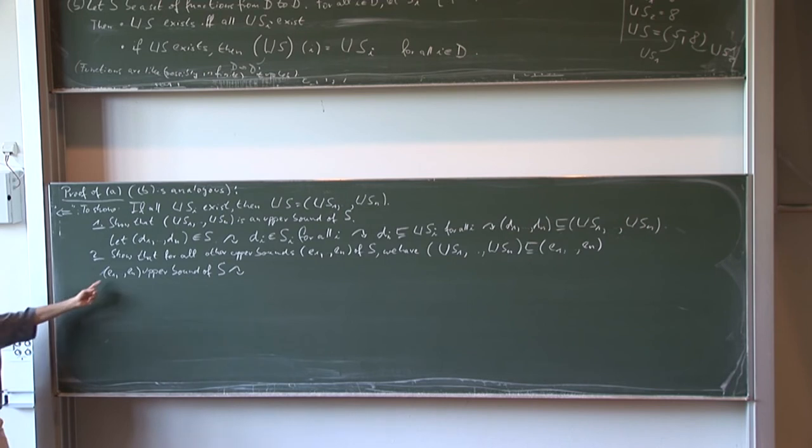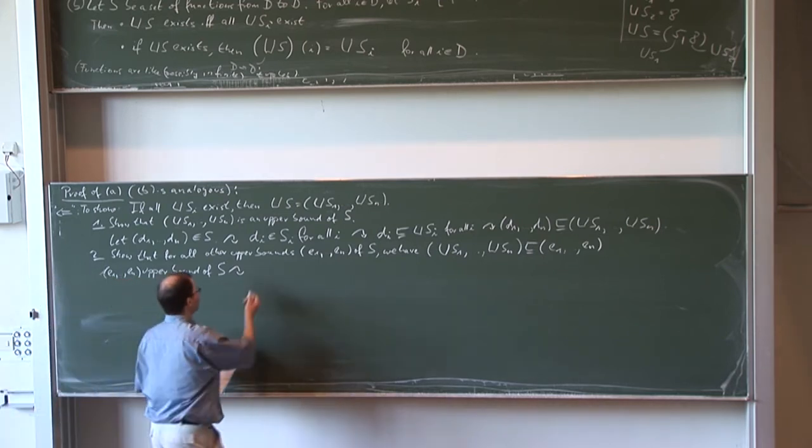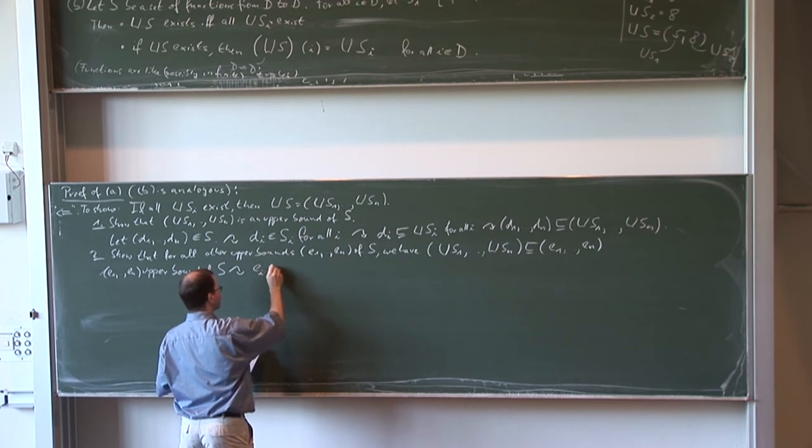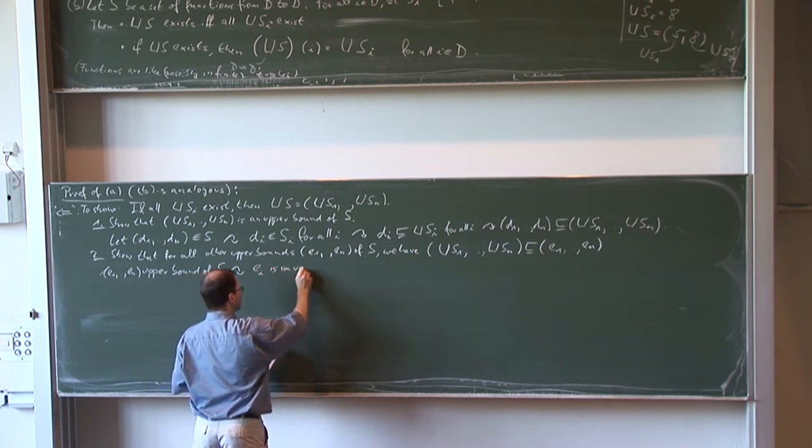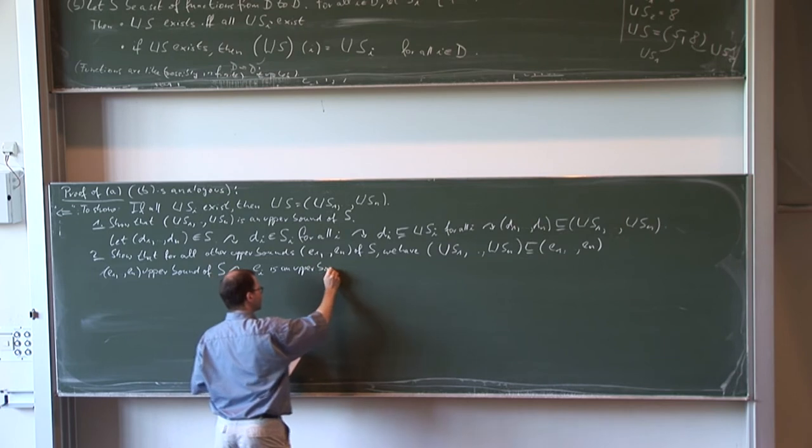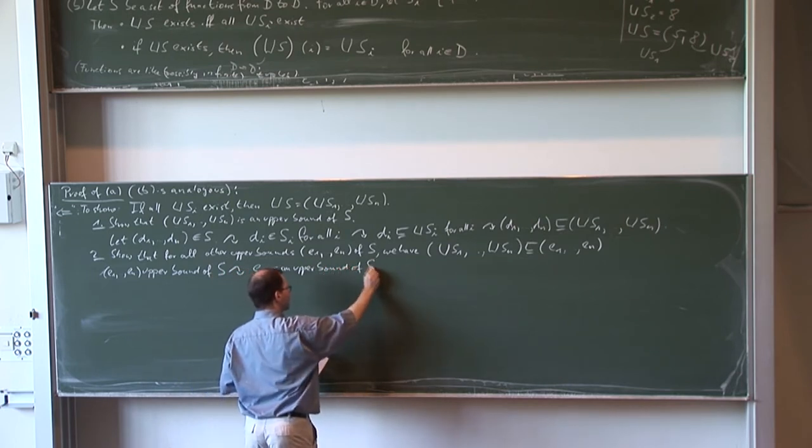Why is this? Well, this E1 must be bigger or equal than all the first components of tuples in S. Now the first components of tuples in S, these are the elements of S1. So E1 must be bigger than all elements of S1. So Ei is an upper bound of Si for all i.